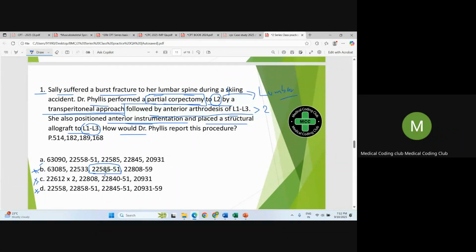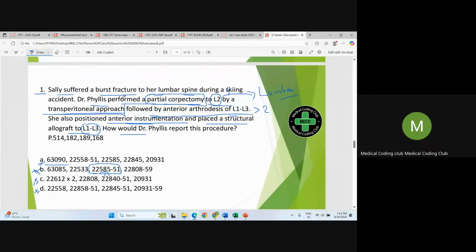It is used with add-on code. Add-on codes do not have modifier 50. Okay, so the 51 modifier is with the add-on code they have given. So by seeing that, you can eliminate option B also. So option A is correct, and let me show the code description.